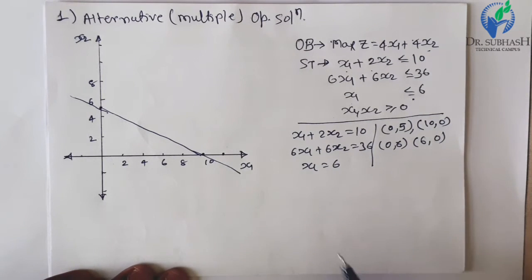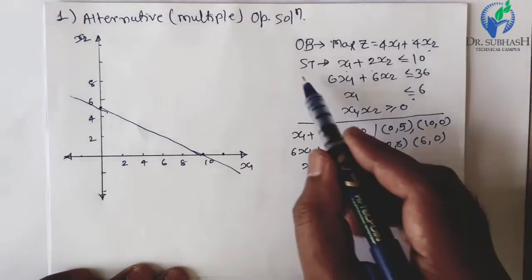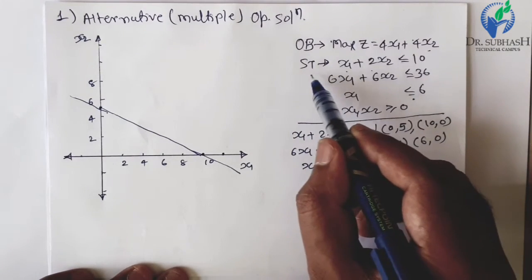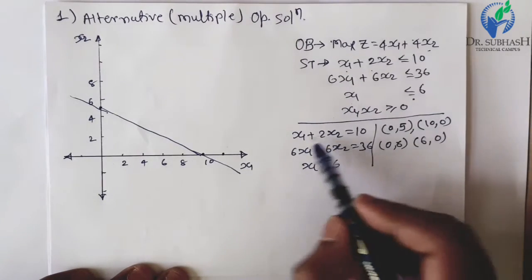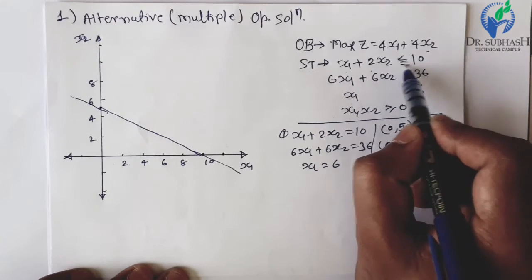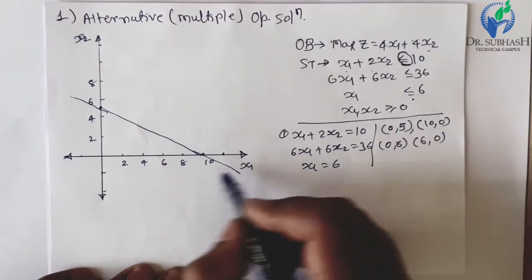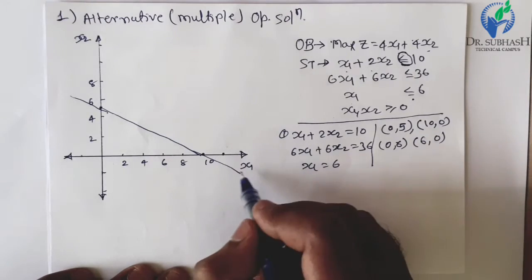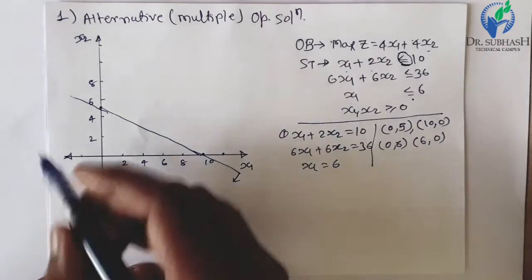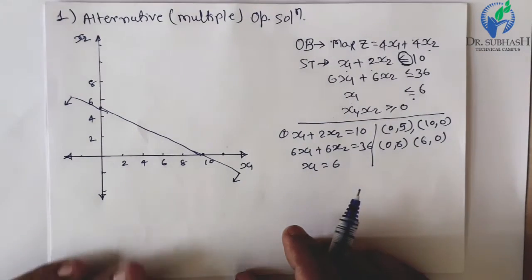For constraint number 1, it is given with a less than or equal to sign. So for the less than or equal to sign, the area towards the origin from the line drawn here is applicable for us.